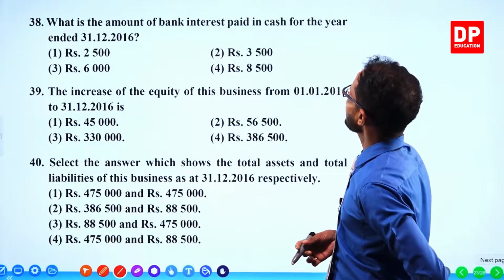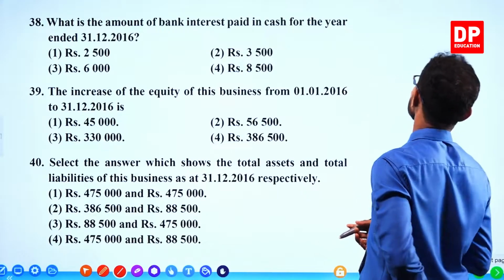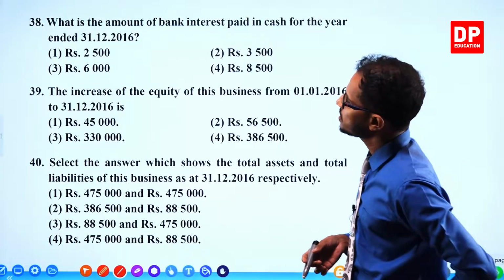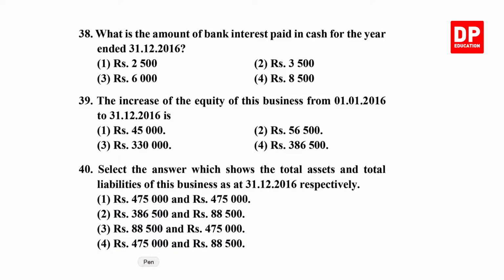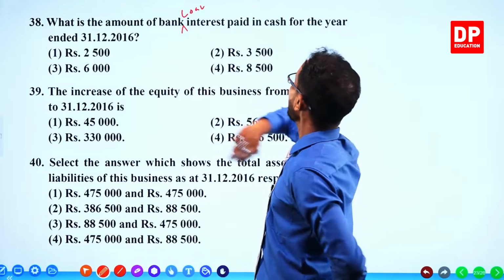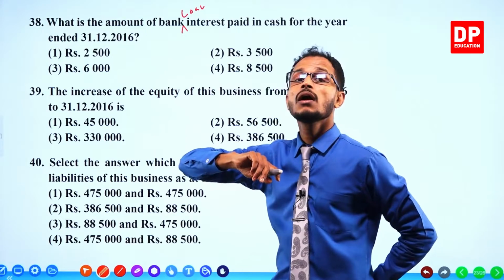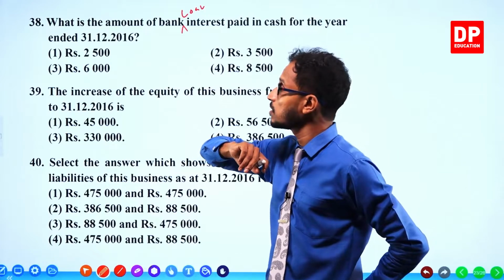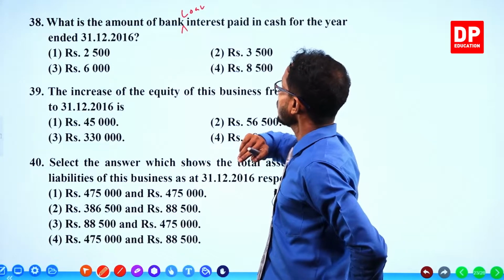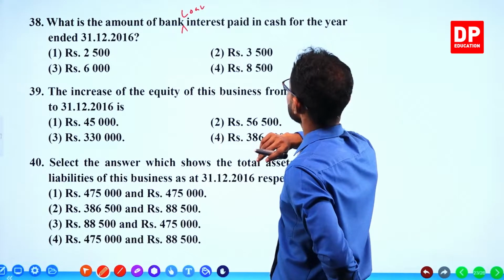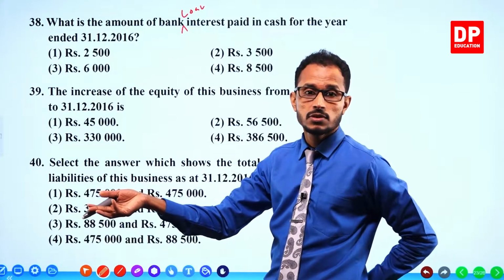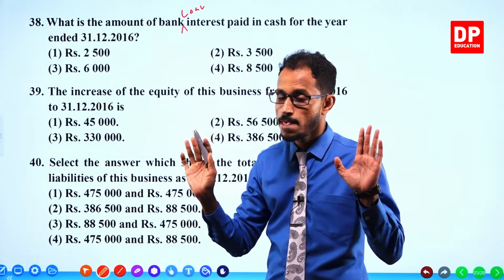Third answer, the last three. What is the amount of bank loan interest paid in cash for the year ended 31st December? They are asking for the paid amount, not the relevant amount for the year.